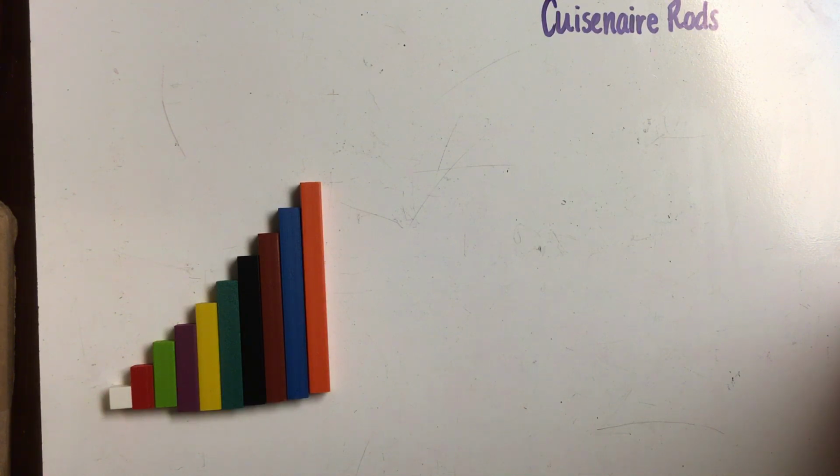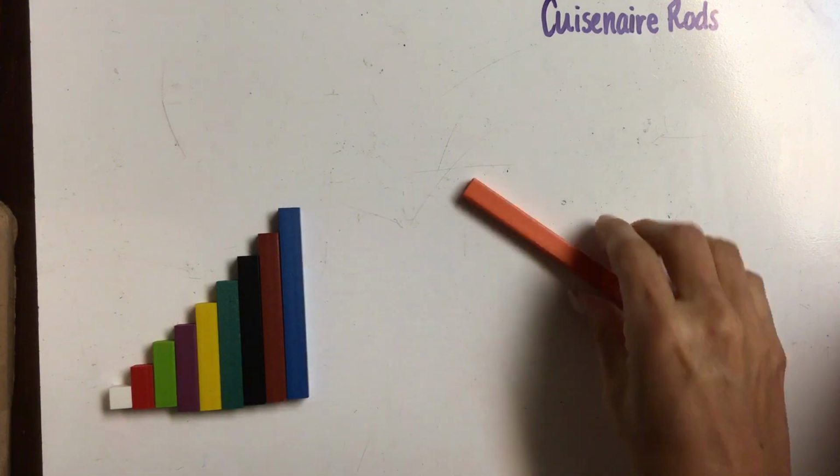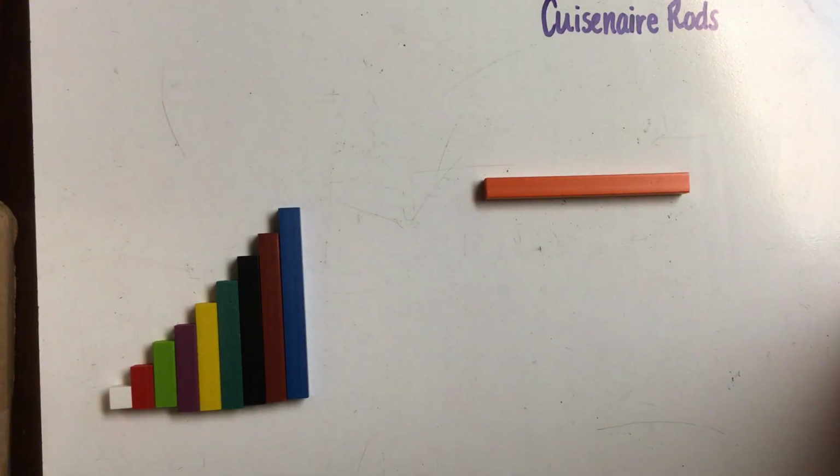Now the students in 2nd grade have learned halves, thirds, fourths, and we can begin with the orange. And you can ask the students to take the orange and, using equal parts or the same rods of the same color, can you partition this orange rod equally?